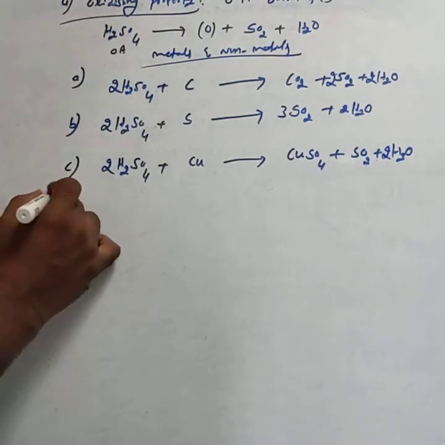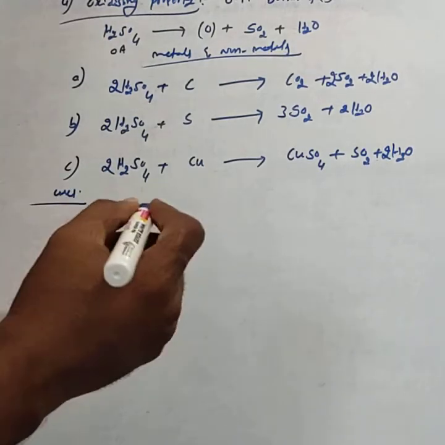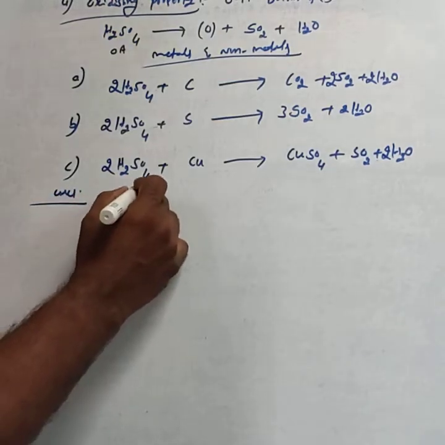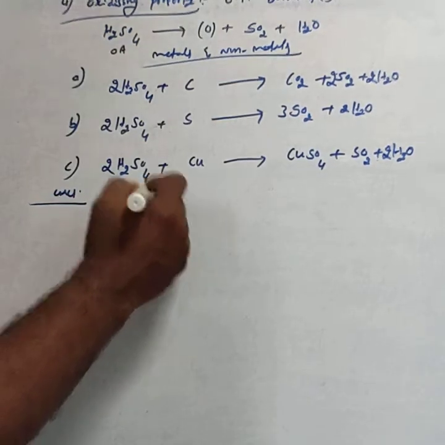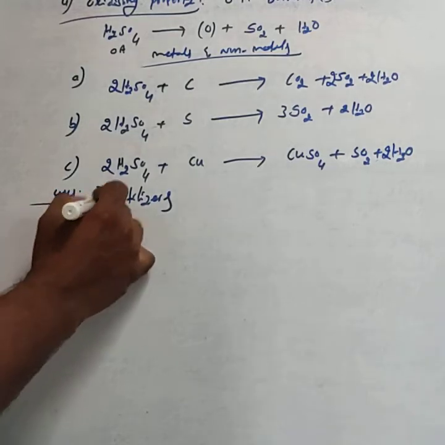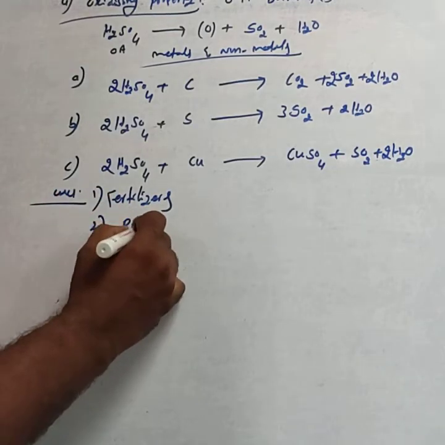Then finally you take the uses. Sulfuric acid is used in the manufacture of fertilizers like ammonium sulfate and superphosphate.